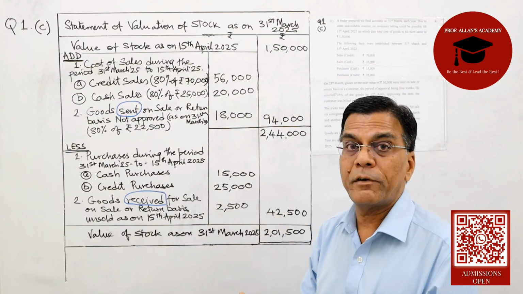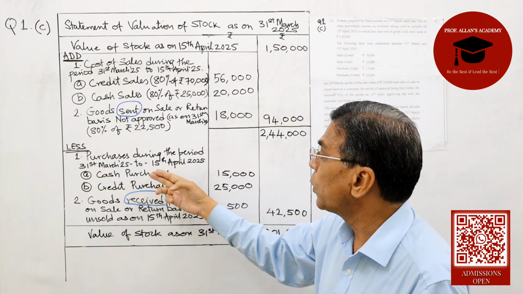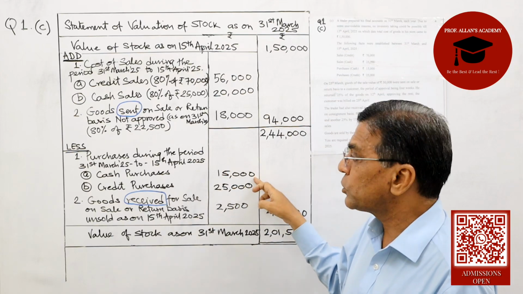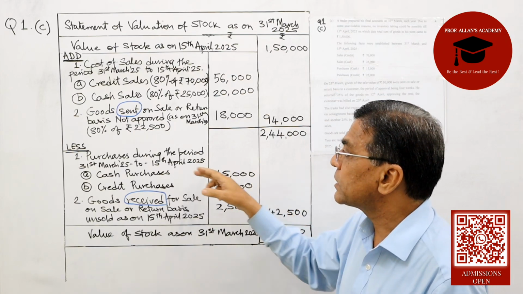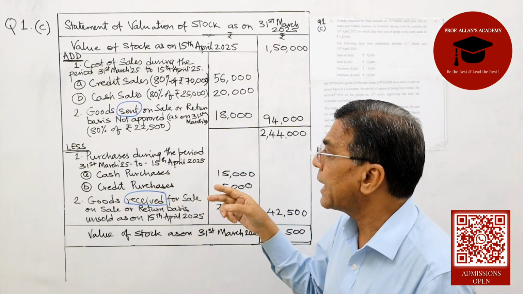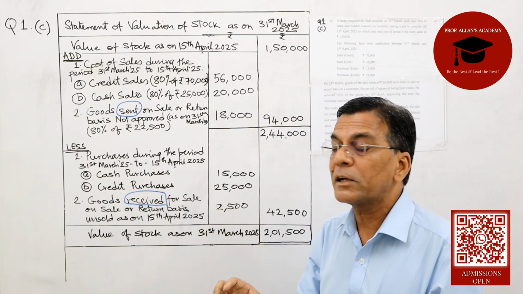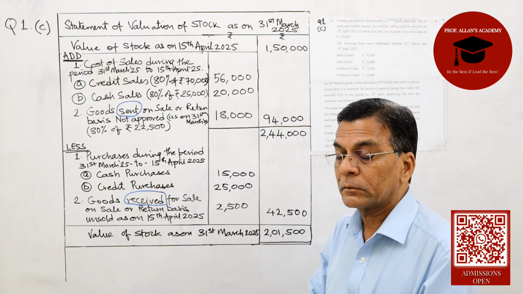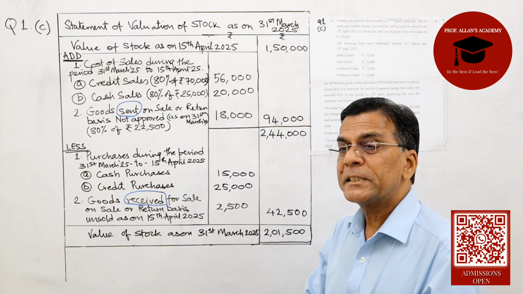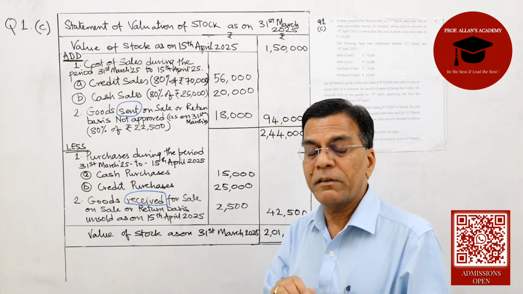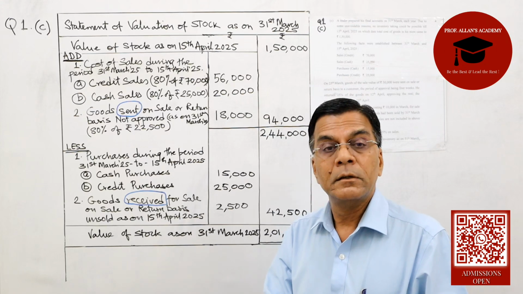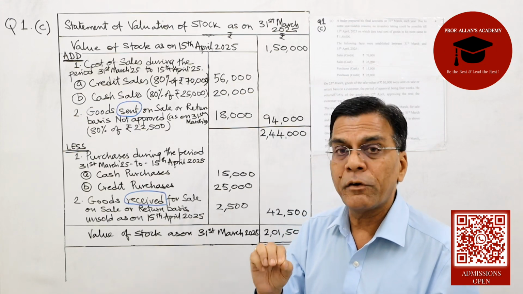Purchases, as I said, is already at cost, so that will be subtracted. The cash purchases and the credit purchases, both sales and purchases which have taken place between 31st of March and 15th of April.